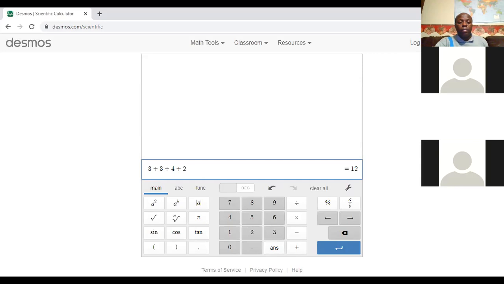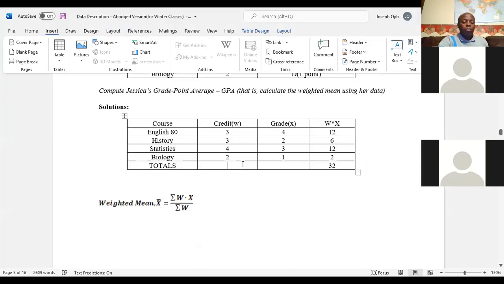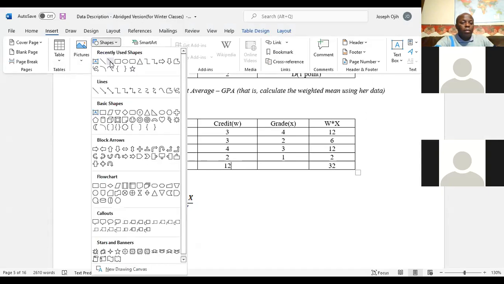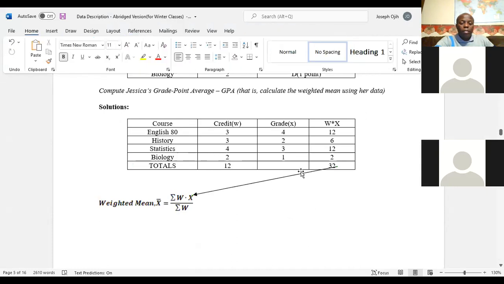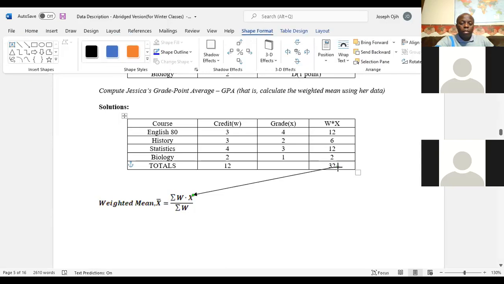We go there and add 12 to that. So now, with this, we are ready to do the calculation. This one is for this. See, 32. That is the sum of weight times X.